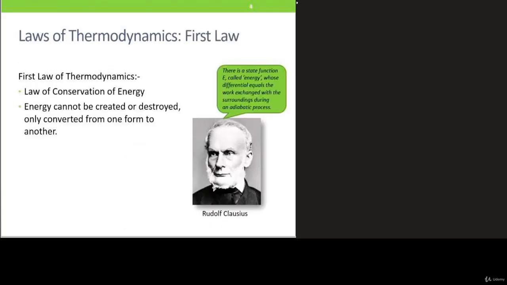So the first law of thermodynamics is actually the law of conservation of energy. So what is conservation of energy? It means energy can be transformed from one form to the other. For example, you can have heat energy transformed to light, or electrical energy transformed to heat and sound.